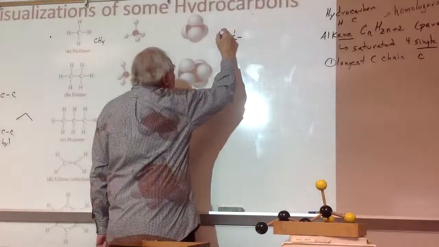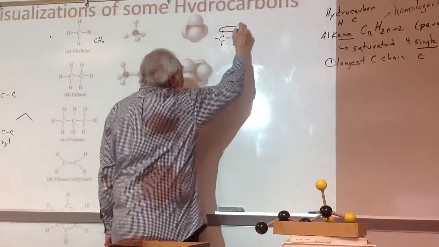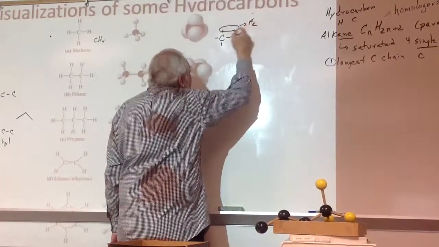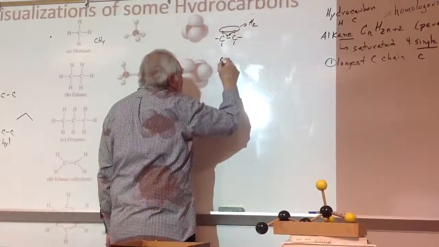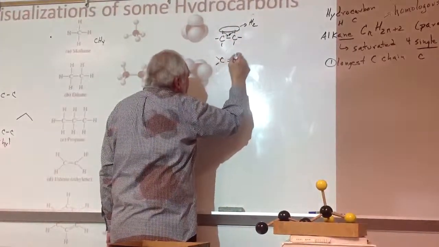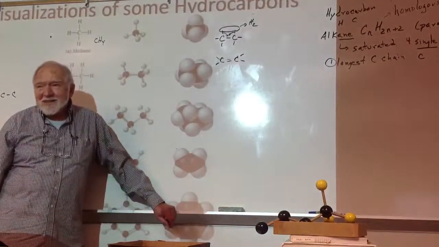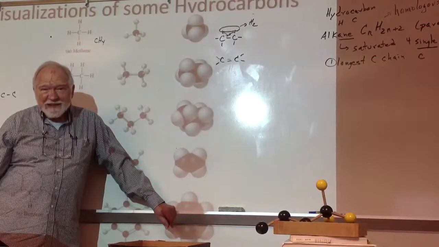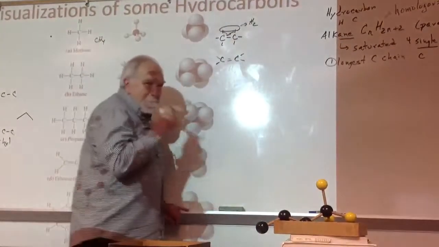I'm going to break this bond right here. This is what organic chemists do. And I'm going to make hydrogen. And these two electrons go in here, and I make this, a double bond. I dehydrogenated. I removed hydrogen.